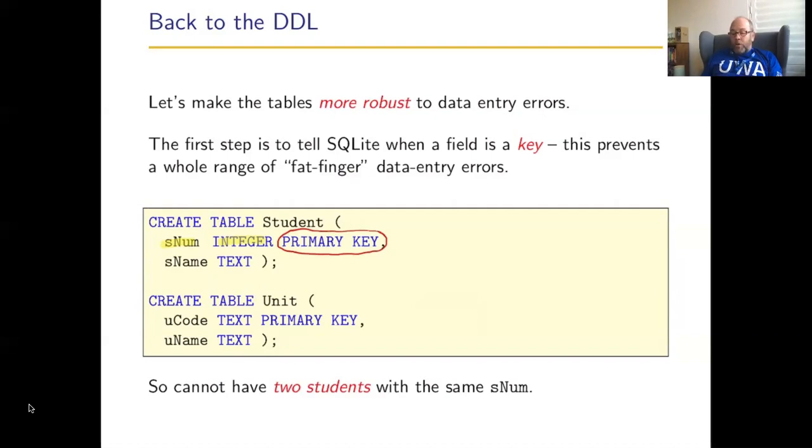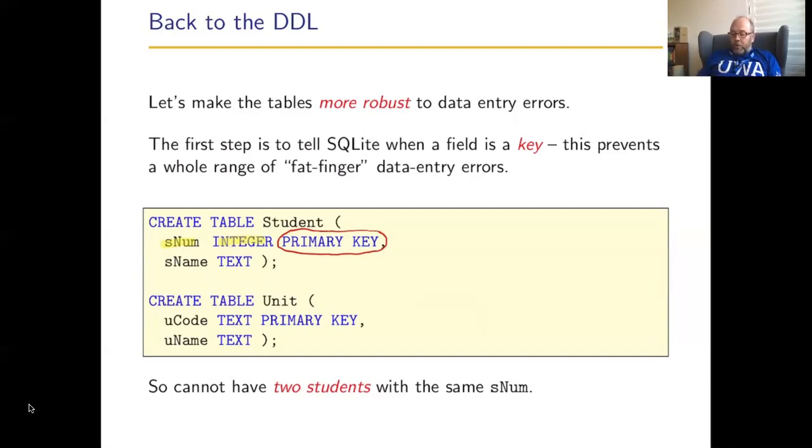Okay, so what that means is that you've told SQL this field should be unique. Throughout the entire life of this table, we should never have 2 rows of student with the same SNUM. So that's basically saying SNUM will uniquely determine a student.